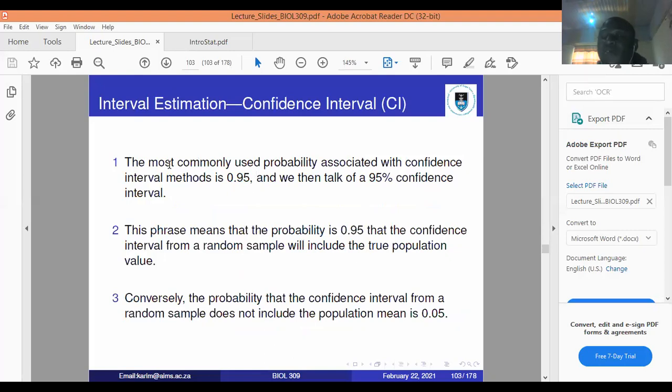That means you are 95% sure that your result is correct, committing only a 5% error. That is the statement we want to make. So we need to create an interval using 95%, allowing ourselves to commit 5% error. We can use 99% as well, which we will see in our next lectures.